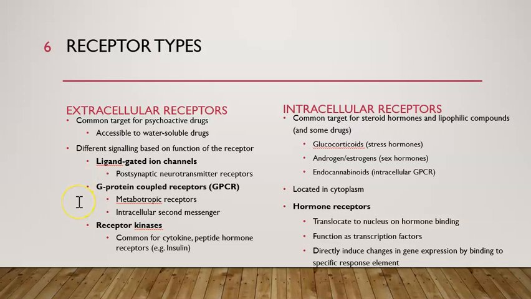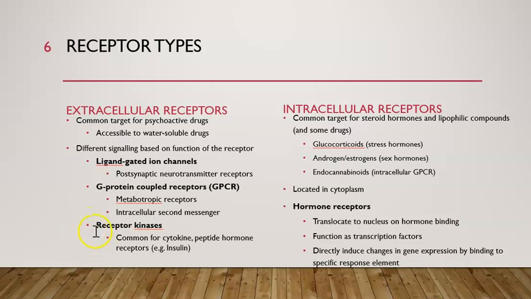We then have G-coupled protein receptors, and these are very common, especially when we start talking about GABA and glutamate. And then we have receptor kinases.